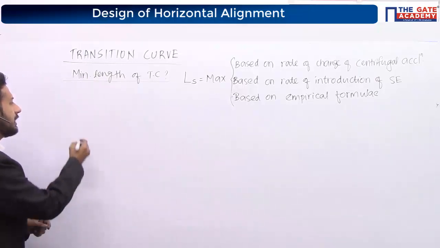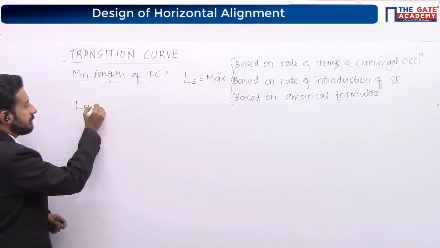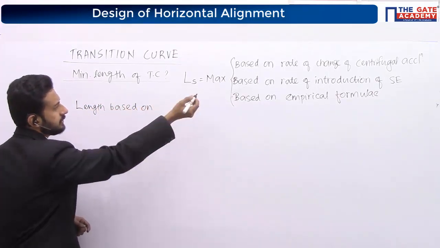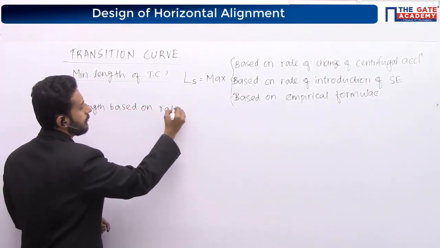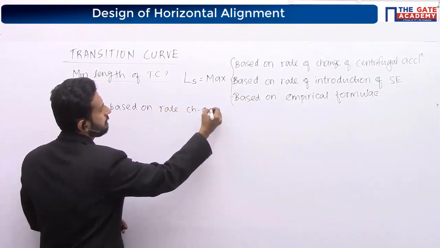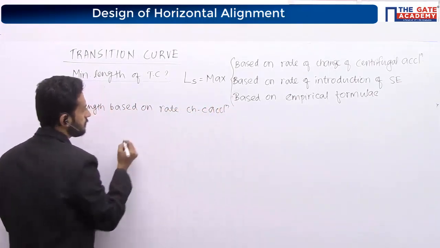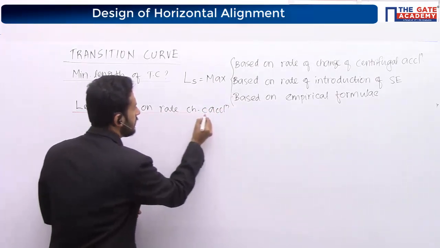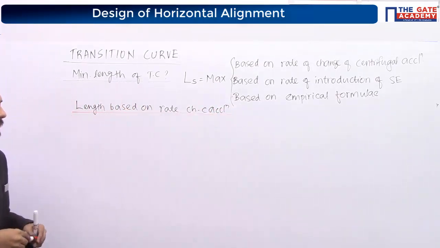Okay? So one by one, you write: length based on rate of change of centrifugal acceleration. You write it completely; I'm just writing the short form.